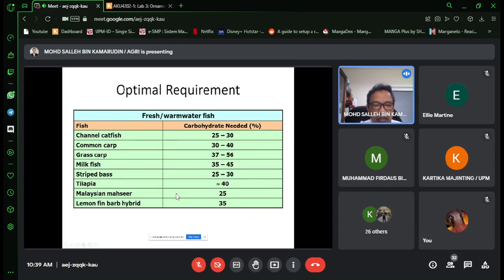Tilapia lebih kurang 40 tinggi juga. Some tilapia they can utilize as maximum as 40% carbohydrate. For masir, Malaysian masir, from our own research is 25%, the optimal level that can be utilized. In fact, dia ni bagi the maximum growth, kalau compare dengan yang lain.